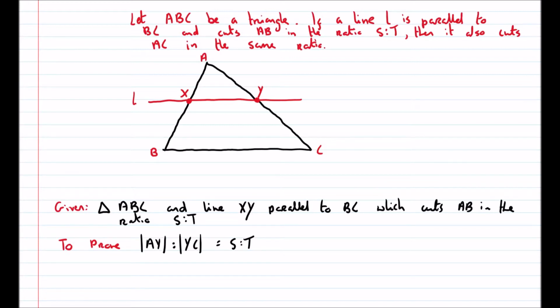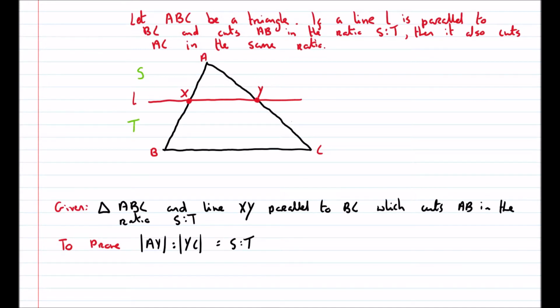So likewise I want to prove that the relationship between this length and this length is the same as the relationship between this length and this length. Okay, so what we're given is the triangle ABC, the line L cuts at XY, and it's parallel to BC, which cuts AB in the ratio S:T.